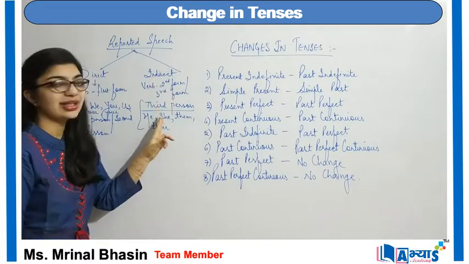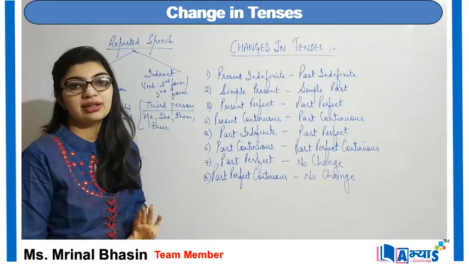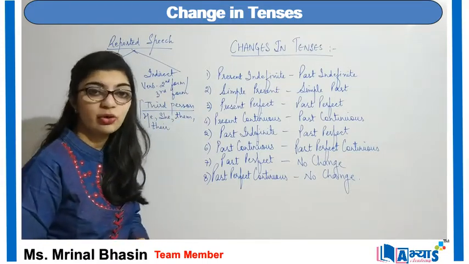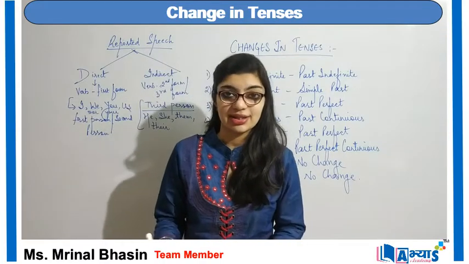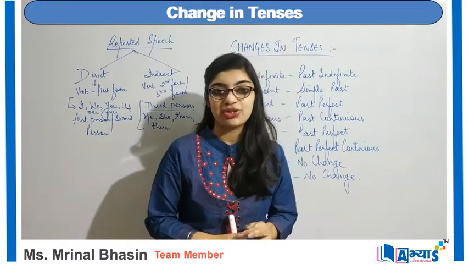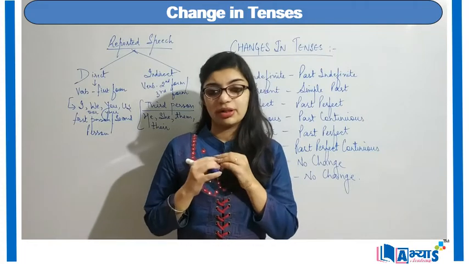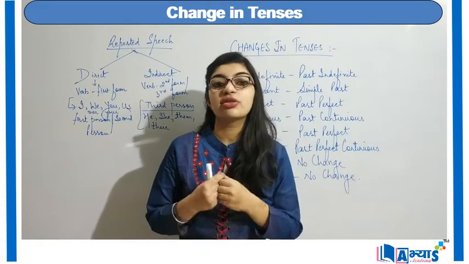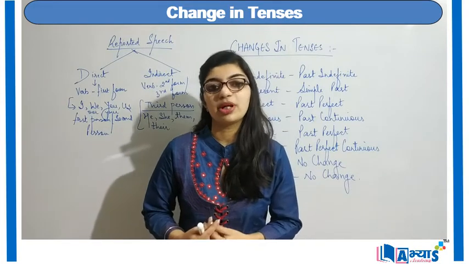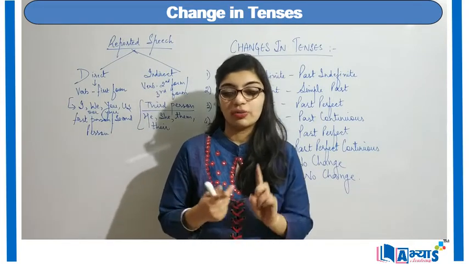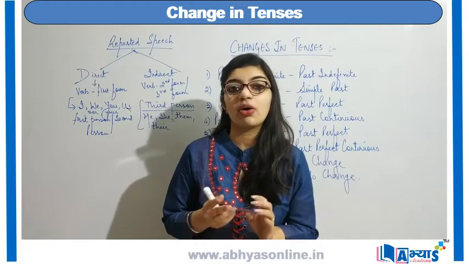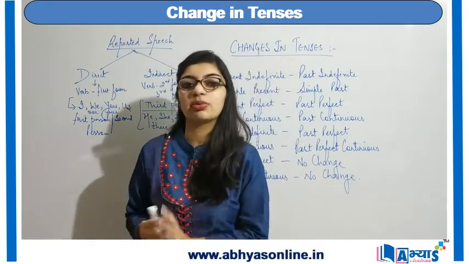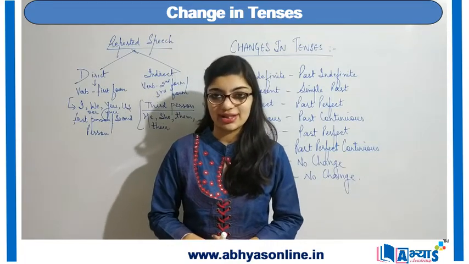So, indirect sentences will always contain third person and the verb will always be in second or third form unless there is an exception of the rules. Now, the exceptions are like the universal truth or the proverbs, right? So, universal truth and proverbs we know are always in present tense. So, either it is direct or indirect, it will always remain in present tense.